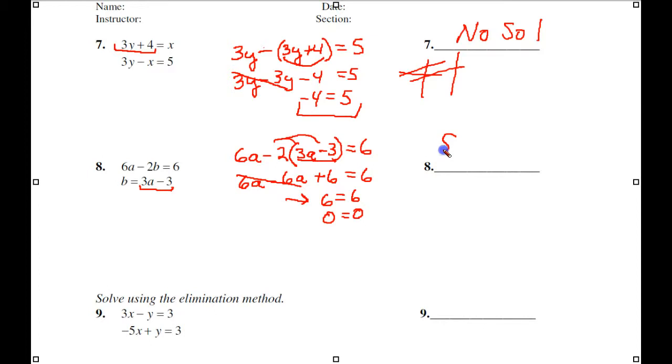So we would use our set builder notation, or in this case it's a and b. (a, b) such that, and you could write either equation down, 6a minus 2b equals 6.